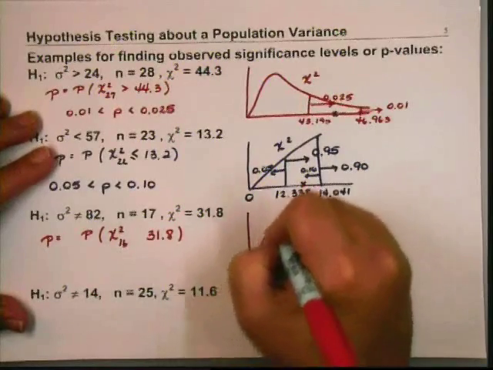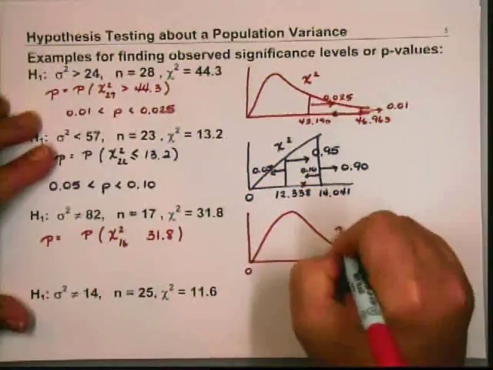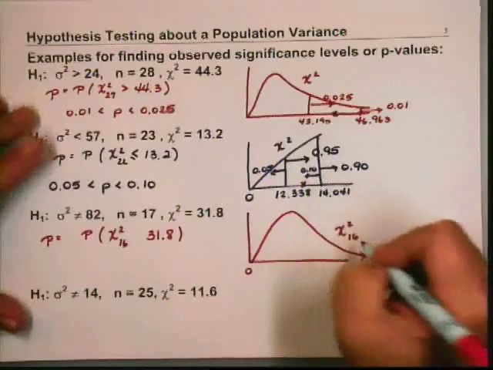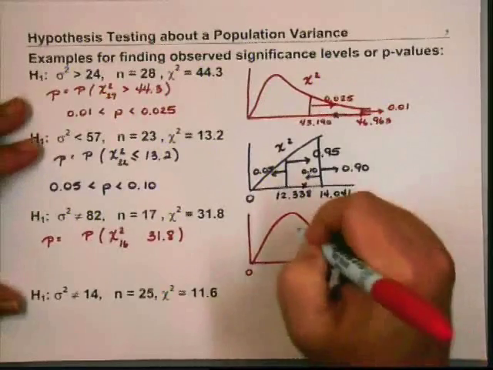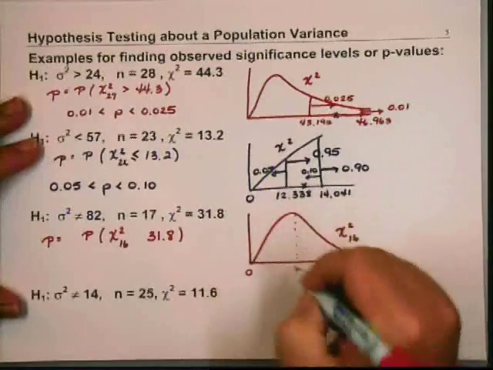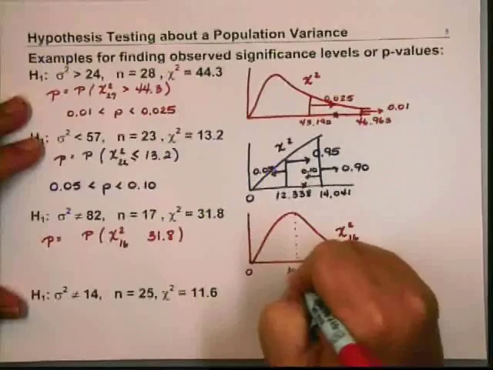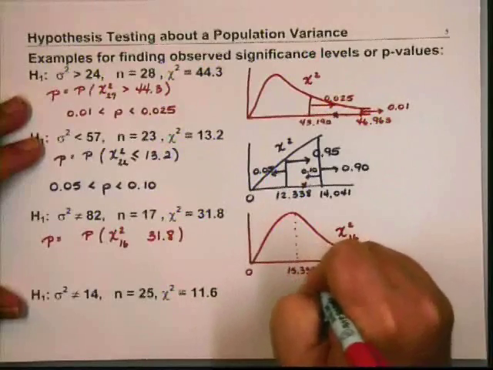So whenever you draw this picture, go to 16 degrees of freedom, go over to the middle column, 0.5 column. What is the median of this distribution? 15.338. Agreed?